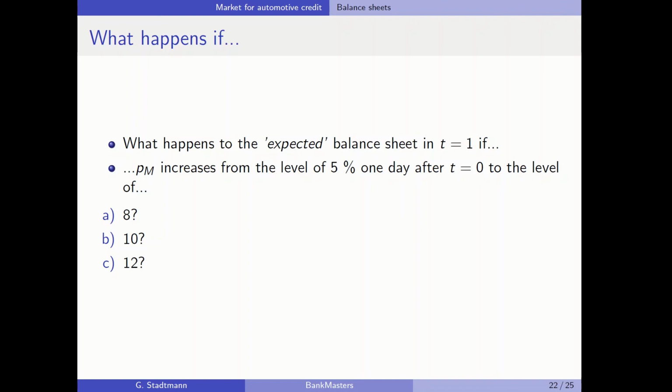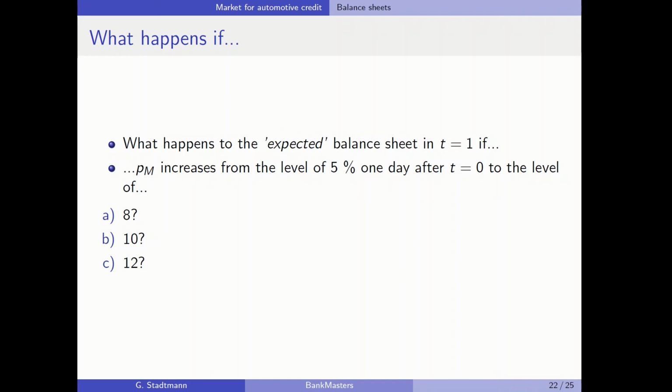Of course, when the money market rate increases to the level of 10% in scenario B, then the profit margin will be equal to 0. We are buying liquidity at 10% and we are selling the liquidity at 10%. So the profit margin is 0 and the profit will be equal to 0.